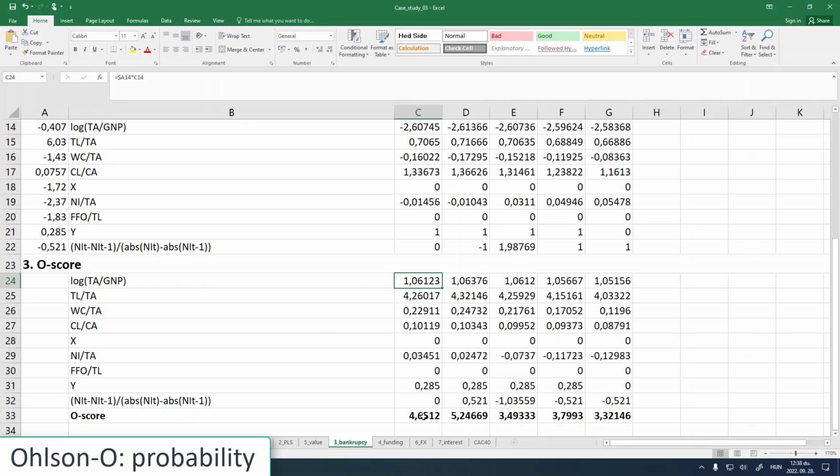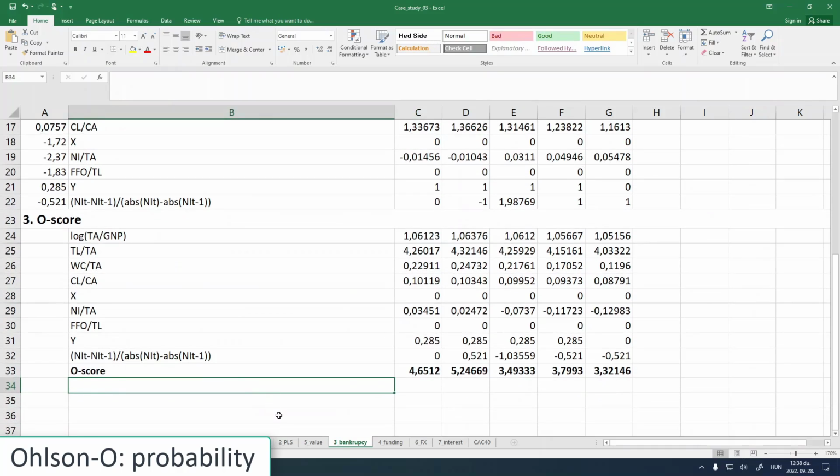In MATLAB it would be simpler because we just need a partial multiplication between two matrices, or between a vector and a matrix, but here we can do the same thing, because after that we have to sum it up and add this constant from the beginning. And now we have the O score, but still we have to convert it to probability.